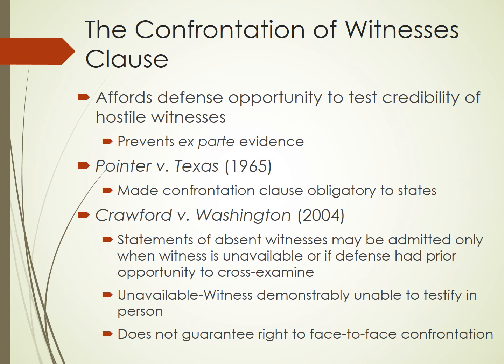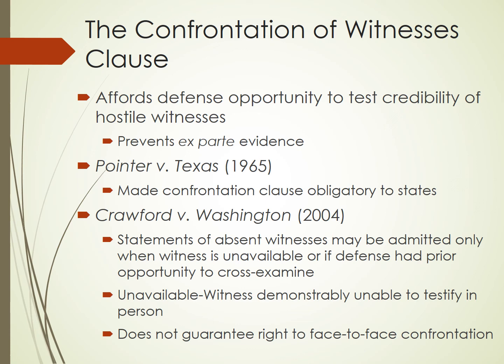So if somebody has died, for example, their evidence or their testimony, if it's on video, may be admitted even though it happened ex parte, because of the unavailability of that individual.